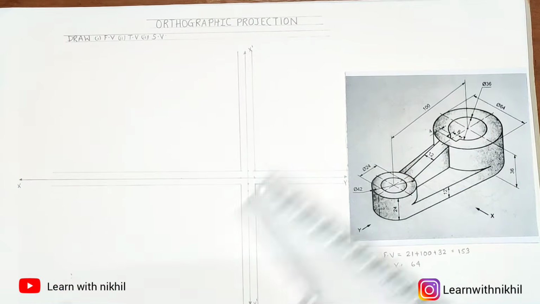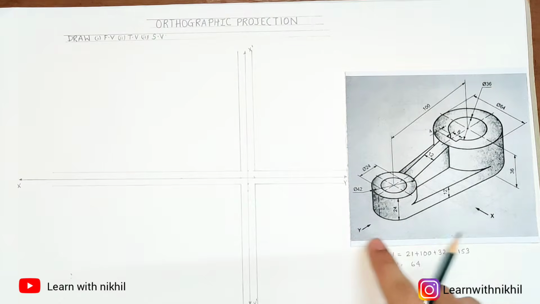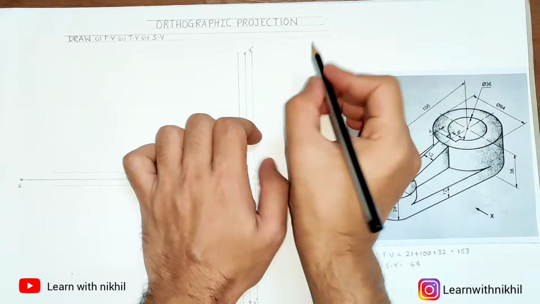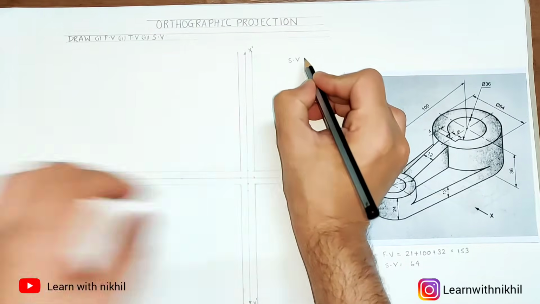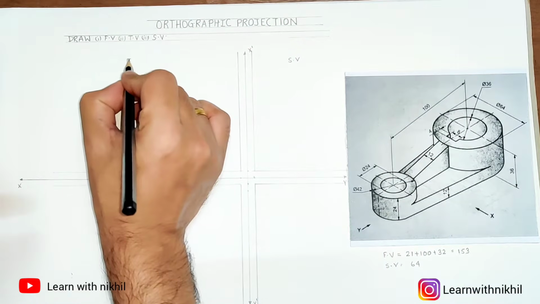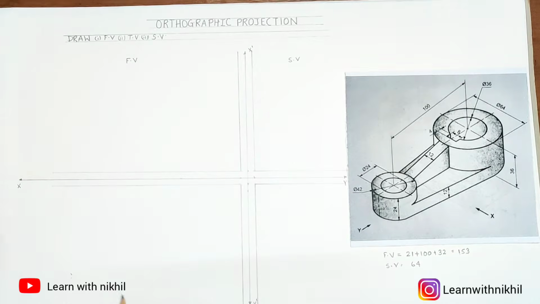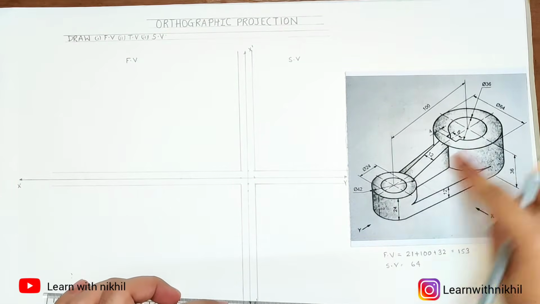So our axis is done. Now we will write the views. Here will be the side view, as the arrow Y is on the left. Here will be the front view, and below that it will be the top view. So always first we will draw the front view, then the top view, then the side view.